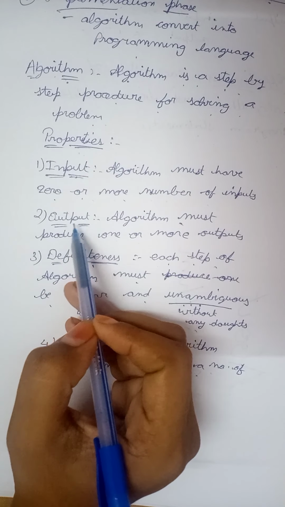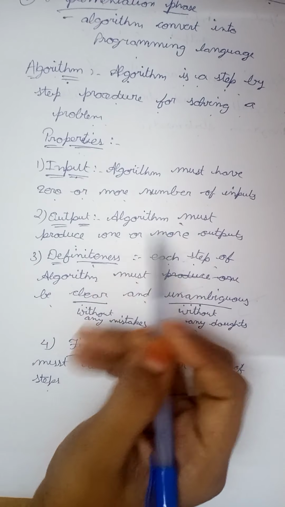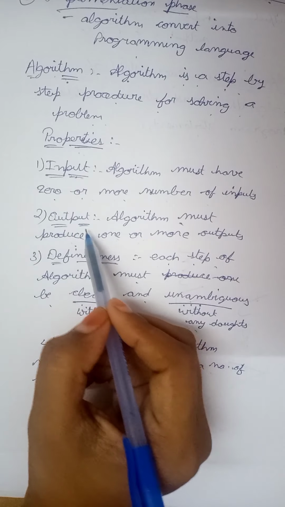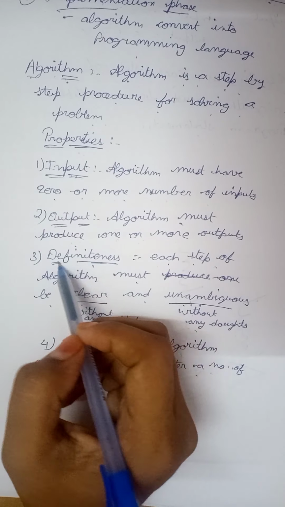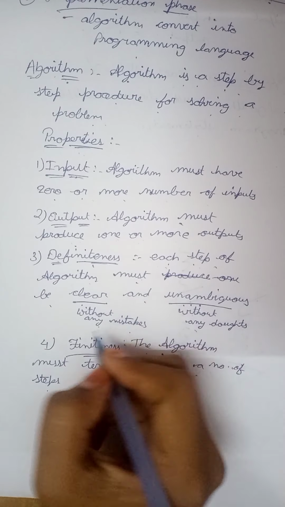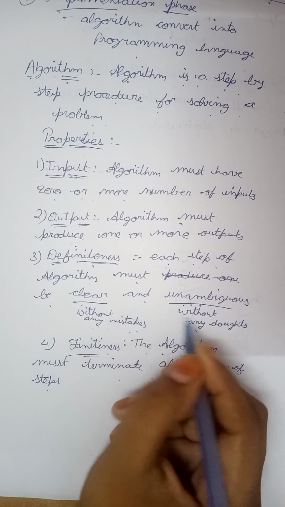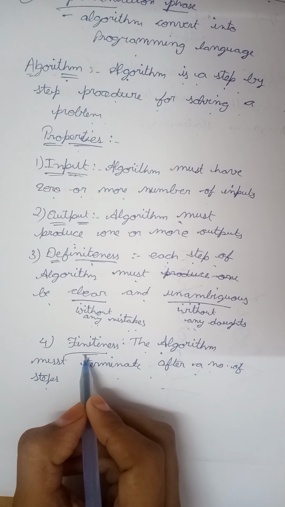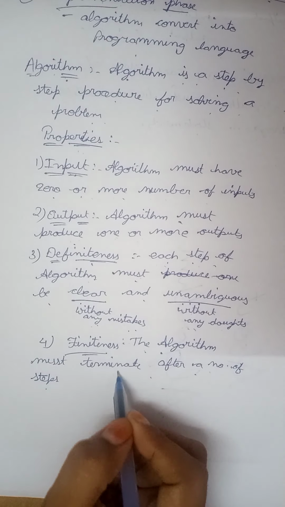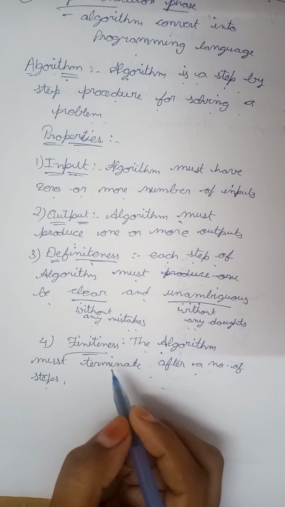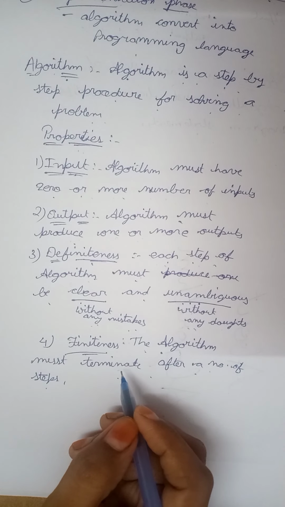The second property is output. An algorithm must produce one or more outputs. The third property is definiteness. Each step of the algorithm must be without any mistakes and without any doubts. Finiteness is the fourth property. The algorithm must terminate after a finite number of steps. There should be an end for the algorithm.